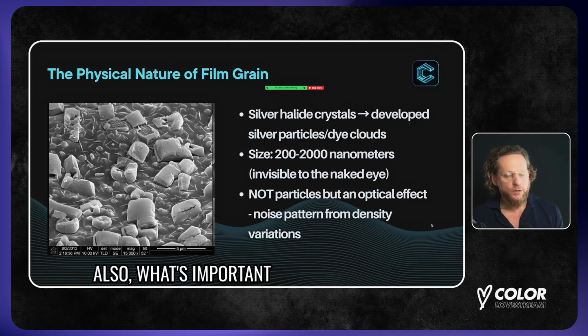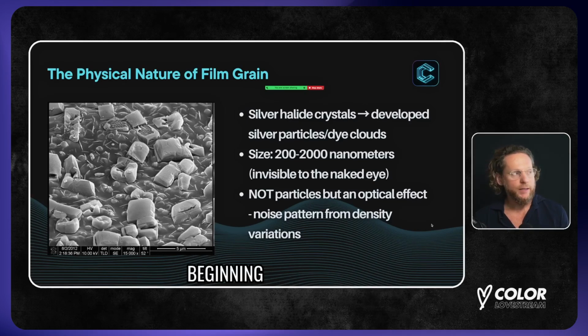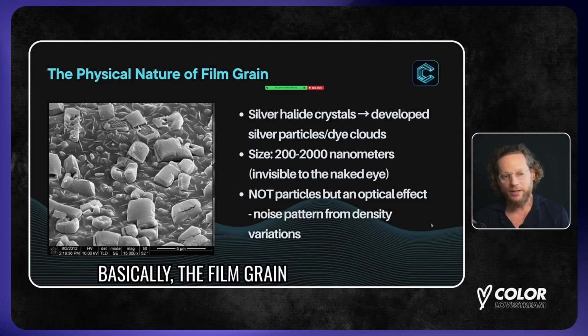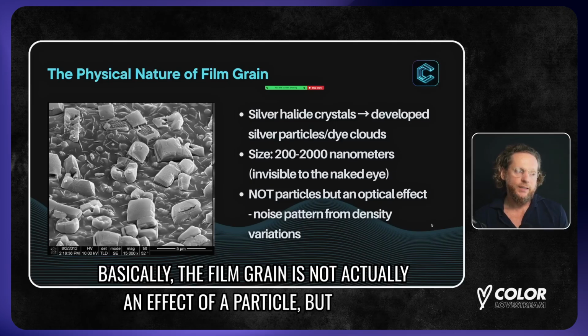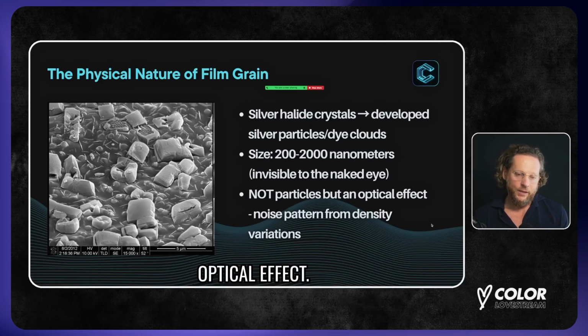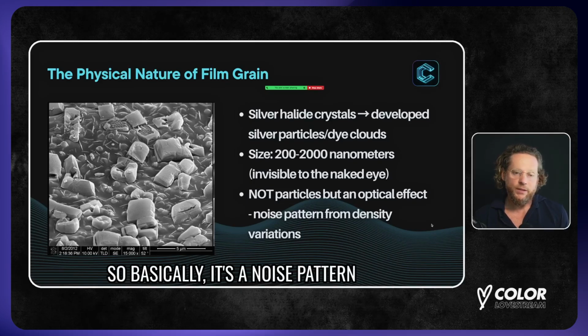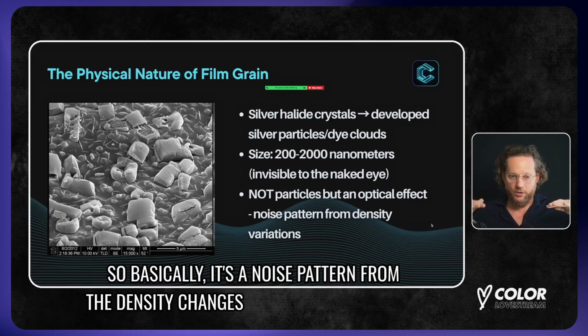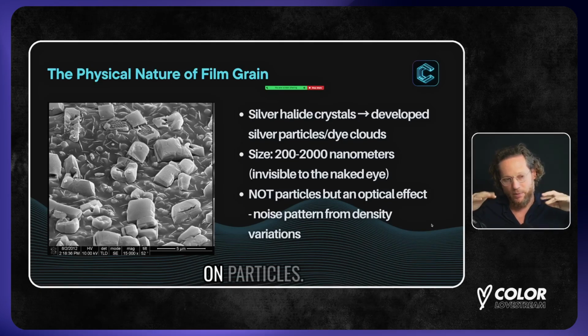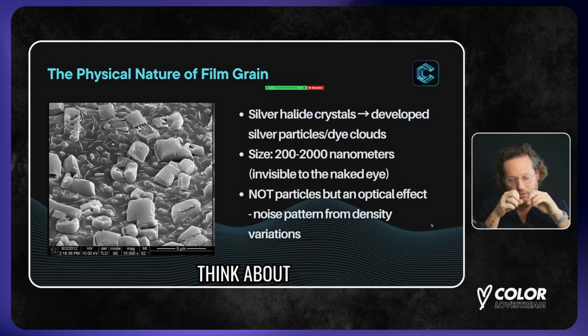Also, what's important to clarify straight away at the beginning is that film grain is not actually an effect of a particle, but an optical effect. It's a noise pattern from the density changes of those little clouds of particles.